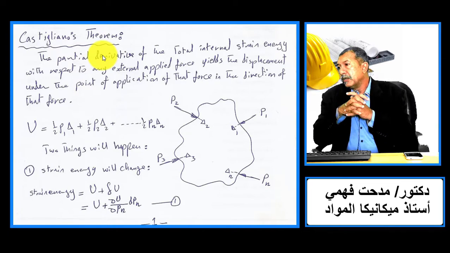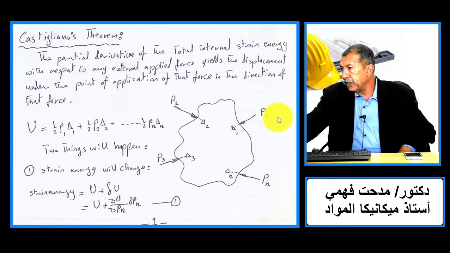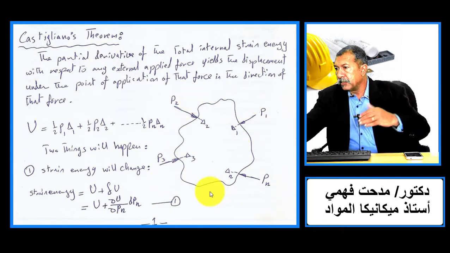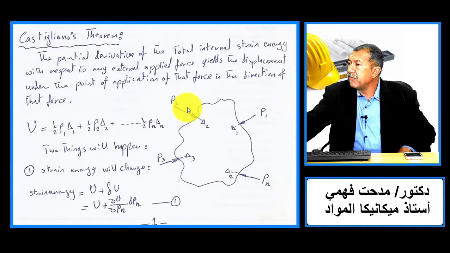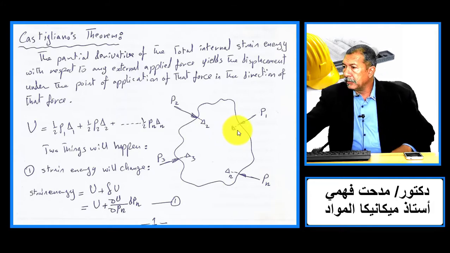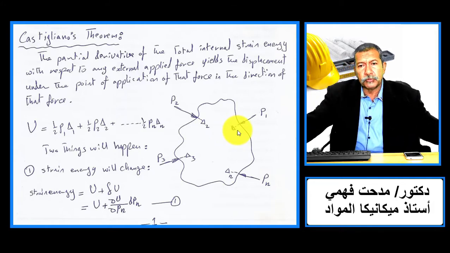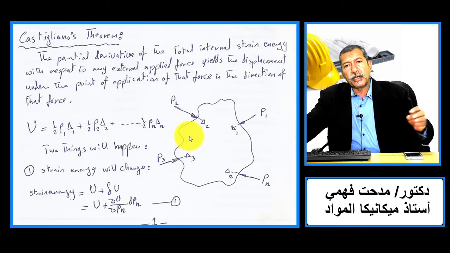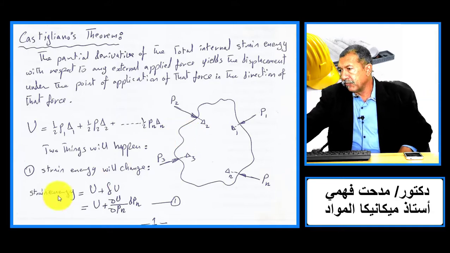If we take an element, a big element, that has for example many forces exerted on it, as in the drawing here, P1, P2, P3 up to Pn, where n is the number of the forces. Each force has a displacement, for example delta 1, delta 2, delta 3 and so on, meaning we get an extension according to the force if it is an extension or compression force.